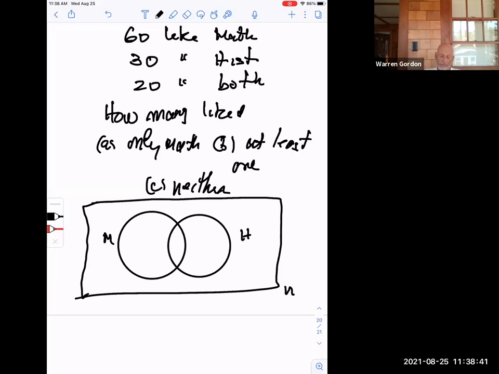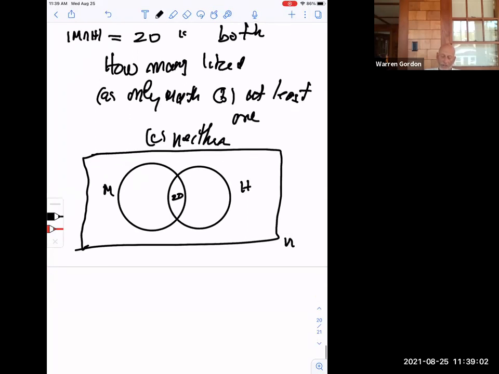So notice 20 like both. That means the number of elements in math and history is 20. So I put a 20 here. Now I know 30 like history.